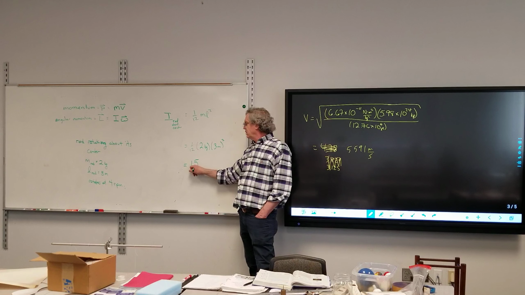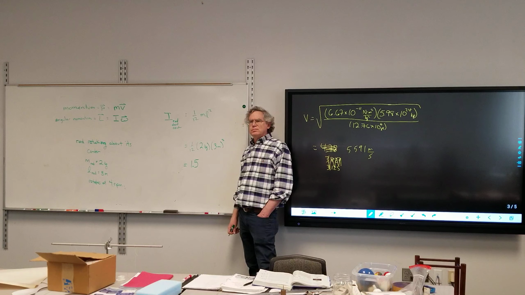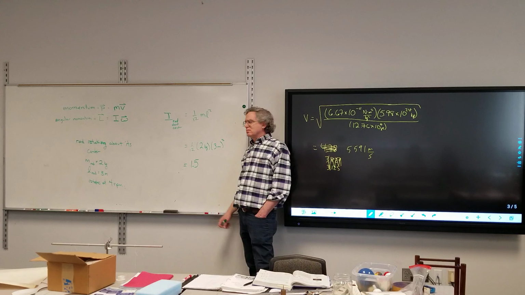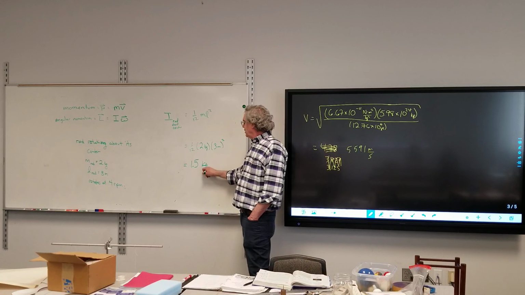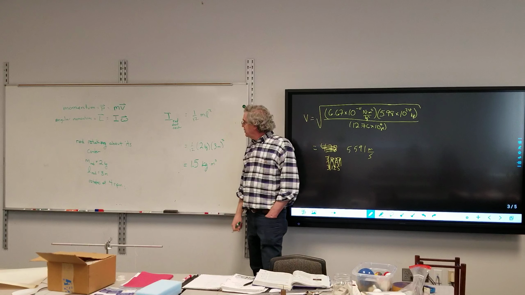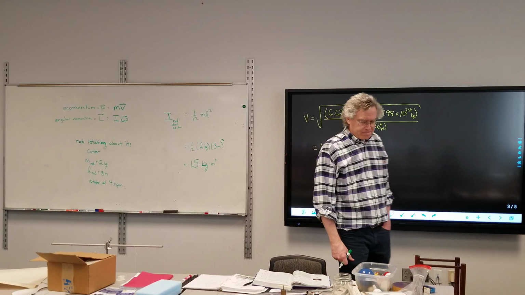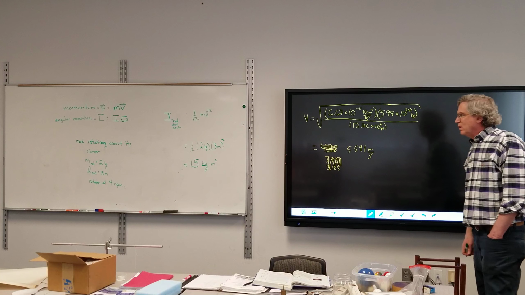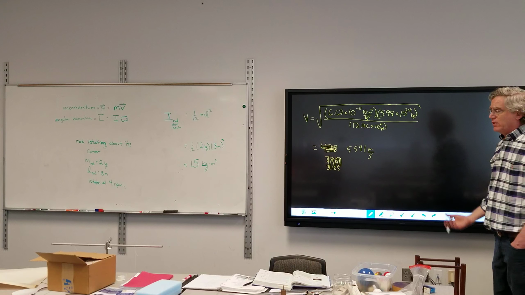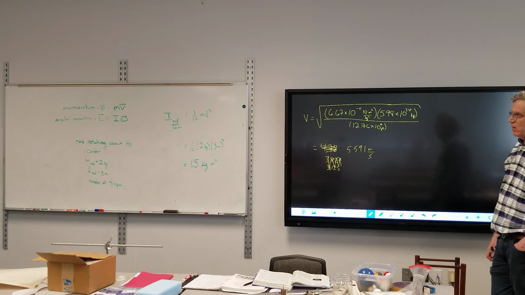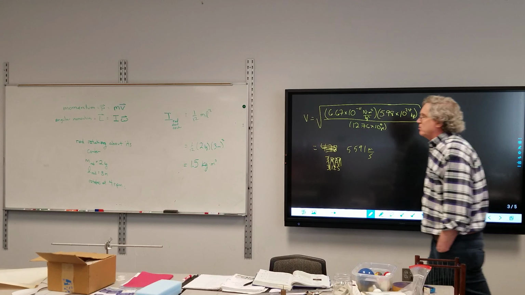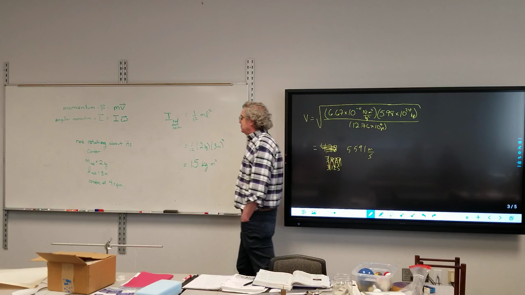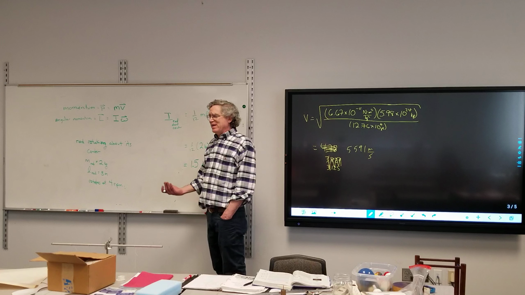Units. Kilogram meter square. Now, this number by itself doesn't really tell us much, but it's how it's applied that matters. All right, so now omega. I want to put this into some nice units here.